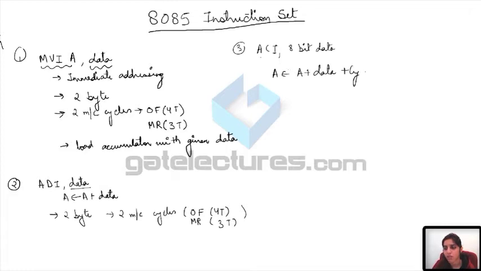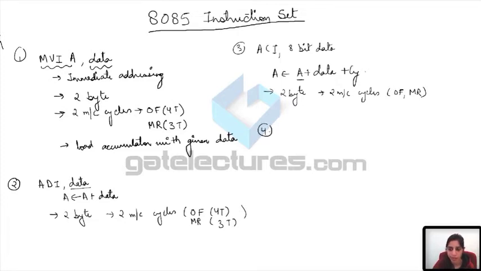ACI stands for add with carry immediate. It adds the contents of the accumulator with the data along with the carry and stores the result in the accumulator itself. This is also a 2-byte instruction with 2 machine cycles, opcode fetch and memory read.